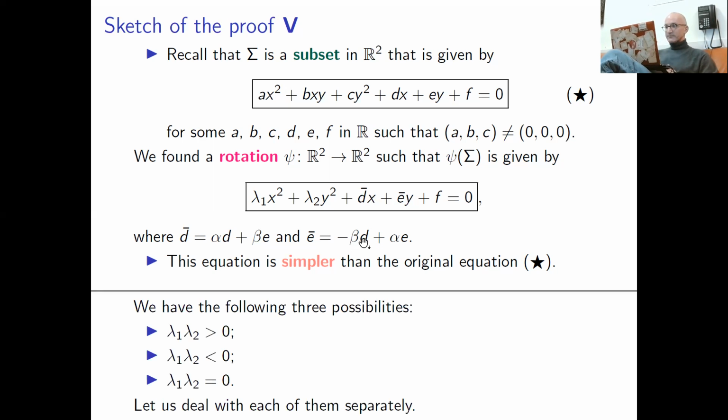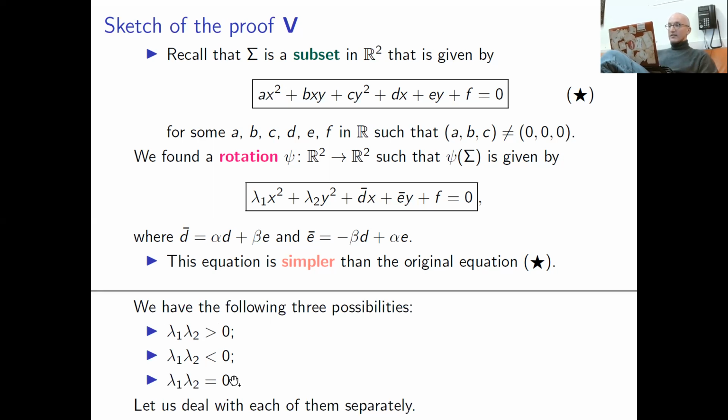So we have three possibilities. Lambda 1 and lambda 2 can both be non-zero, and then the resulting equation is going to be slightly different depending on the choice. Are they both positive or of different signs? So we're going to consider two cases: lambda 1 times lambda 2 positive, lambda 1 times lambda 2 negative.